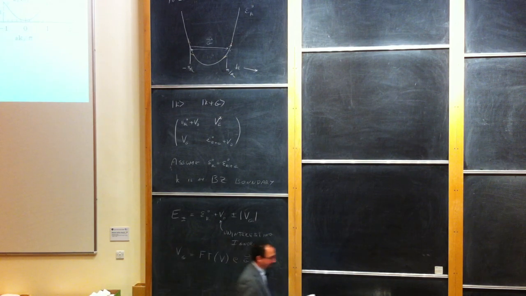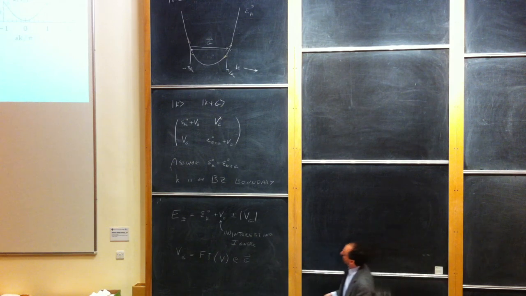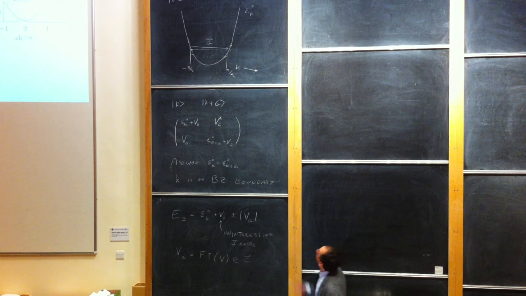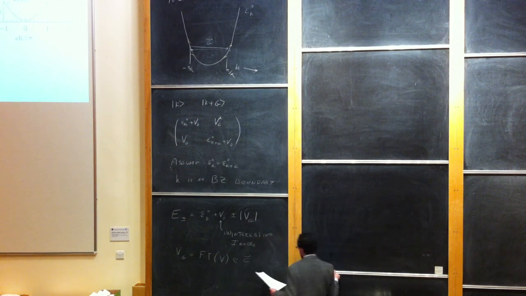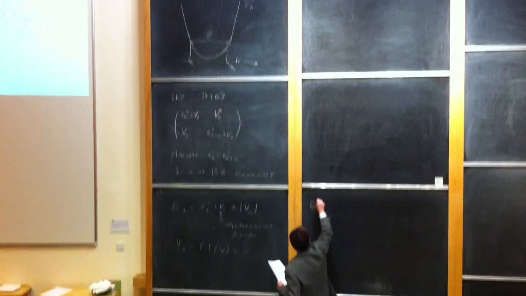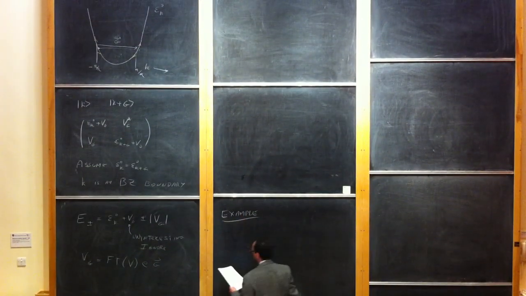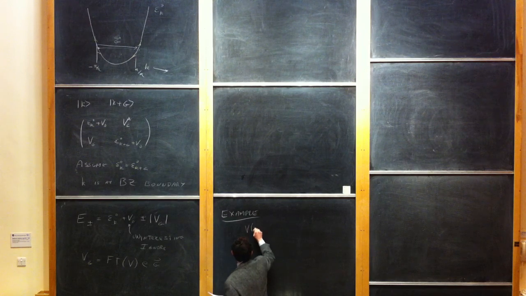Okay. Now, in order to develop a little bit more intuition for what this means, we're going to do a simple example where we have a very simple periodic potential.